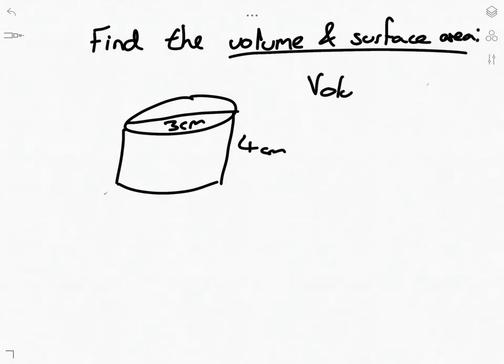So volume is the easiest one. Volume. First we need to find the area of the face. So we know the diameter is 3. For the area we need pi times r squared. So we need pi times 1.5 squared, because if the diameter is 3, the radius is half of that, 1.5.